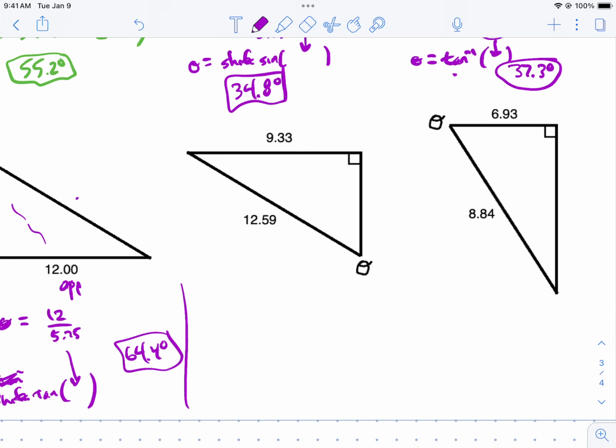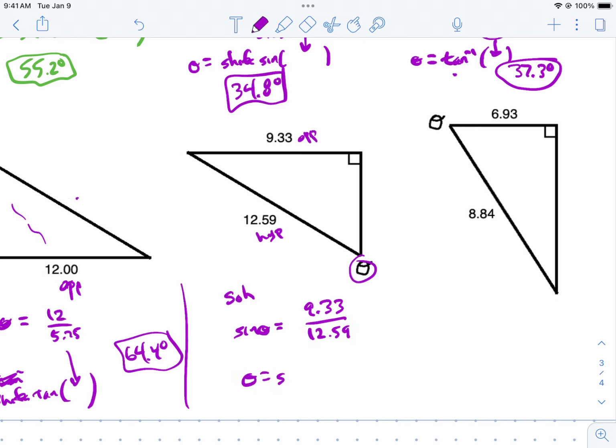Two more. What do we got here? Here I am. There's the opposite side. Woohoo! This is the hypotenuse, by golly. So I've got the opposite and hypotenuse, OH. That's a sine situation. So the sine of that angle: take the opposite, 9.33, put it over the hypotenuse, 12.59.